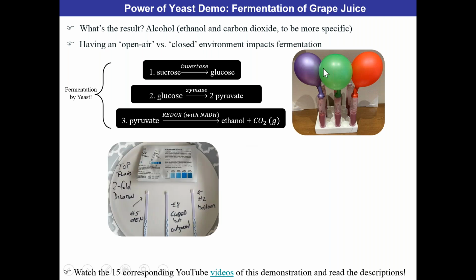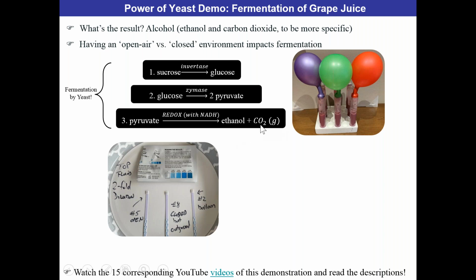The carbon dioxide, guess what? That's marked by the inflation of a balloon, because the gas is so strongly produced that it's able to push back on the atmospheric conditions, and you're able to inflate the balloon. So by virtue of just the inflation of the balloons, you can know that ethanol is being produced.